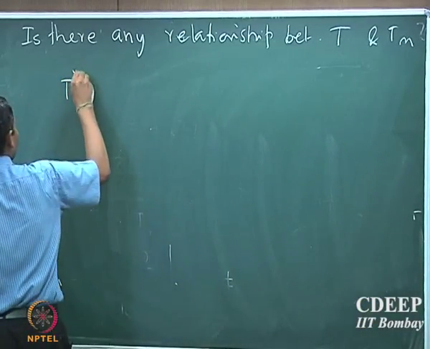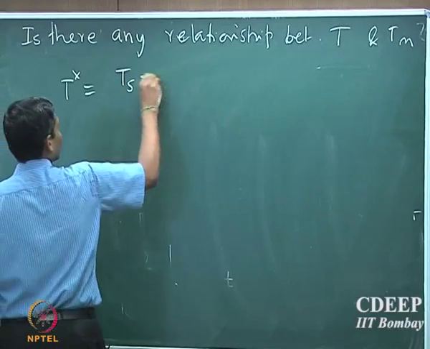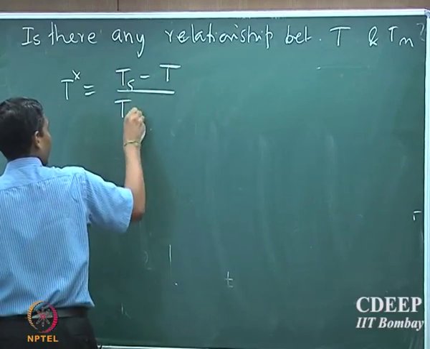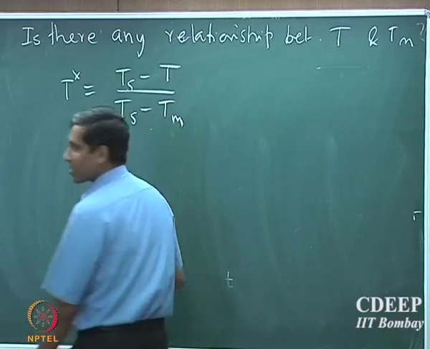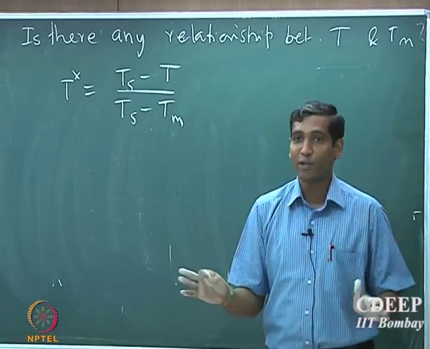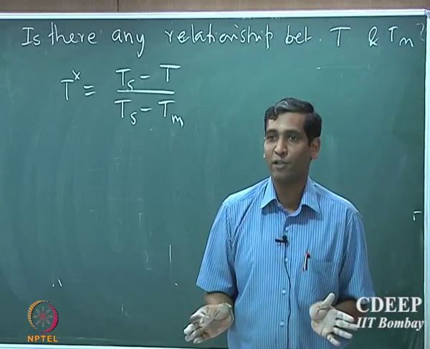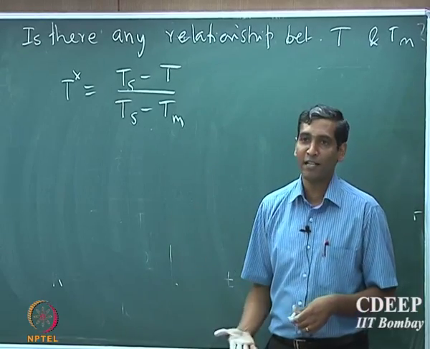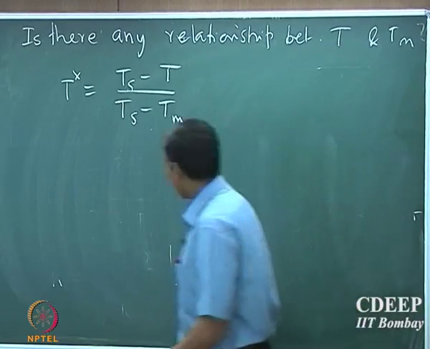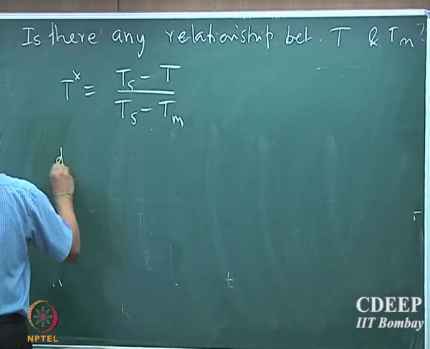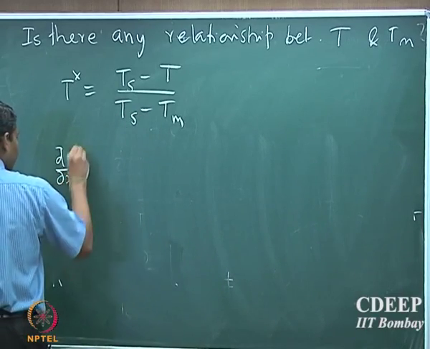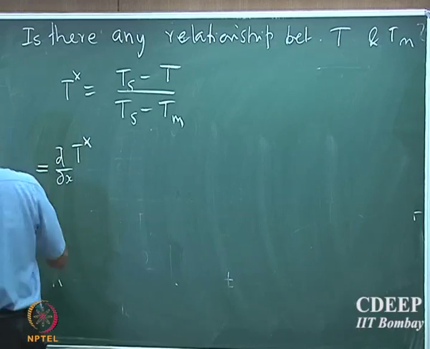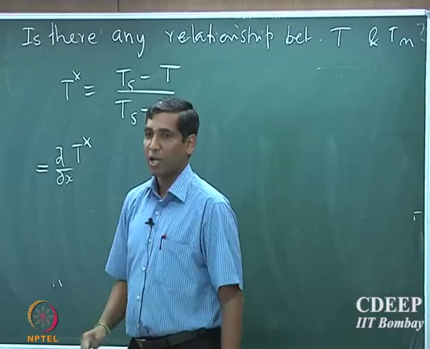T star is (Ts minus T) by (Ts minus Tm). Remember that we are not even attempting to solve the equation as of now. Without solving, what is the maximum piece of insight that we can get? Now if I take the derivative of this with respect to x, what is that? That should be 0, right?